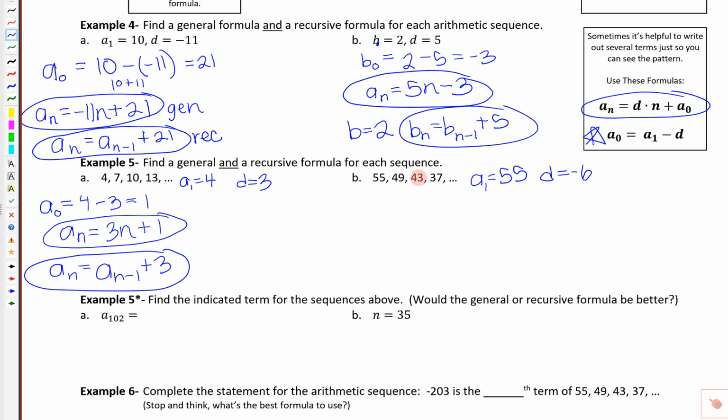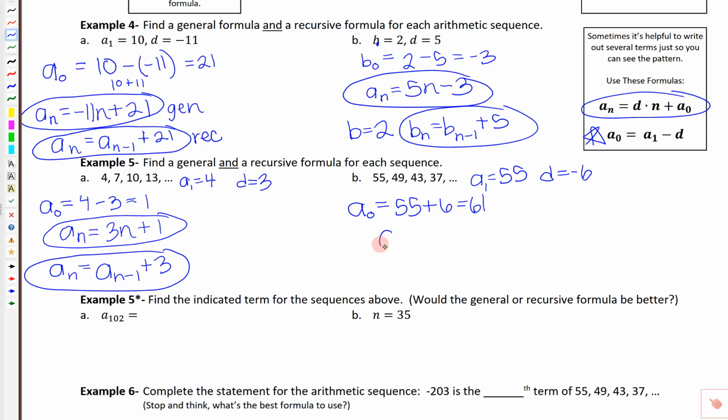Okay, that looks right. Now I need to find the initial term, a sub 0. So I'm going to take 55 minus negative 6, so that will become plus 6, to get 61.